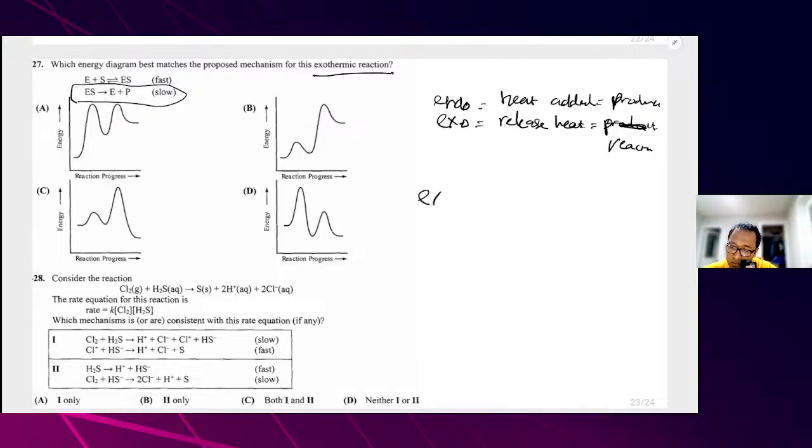Which one is lower? This one and this one are lower, so we can eliminate the others. And again, the first one is fast and the second one is slow.